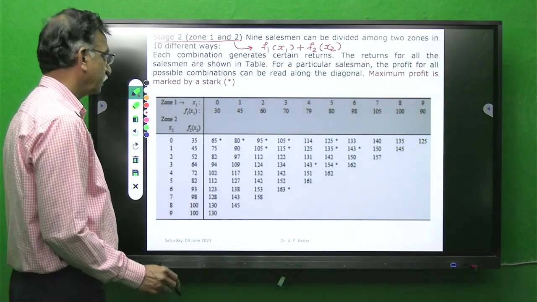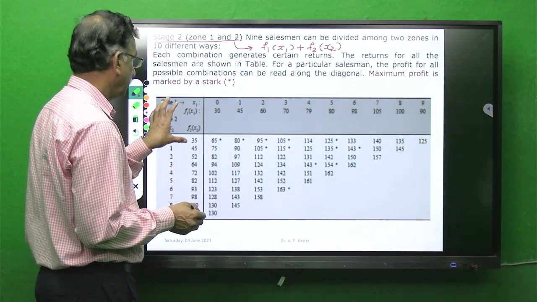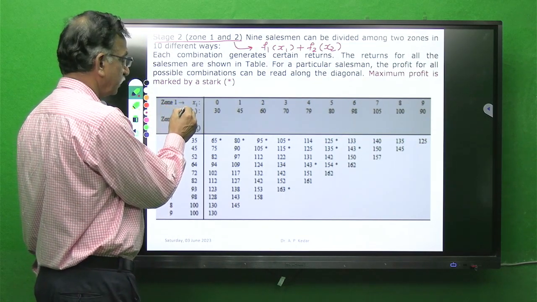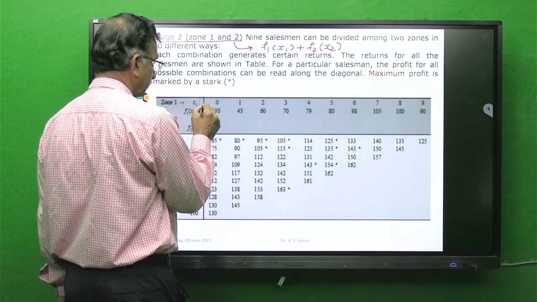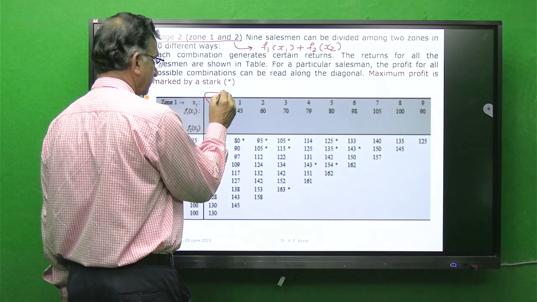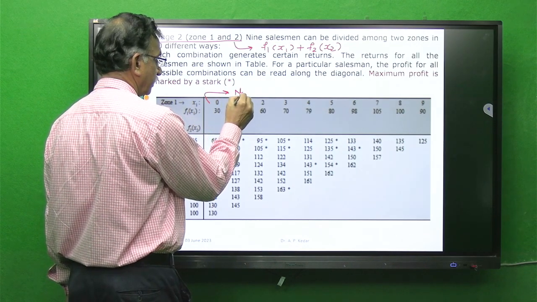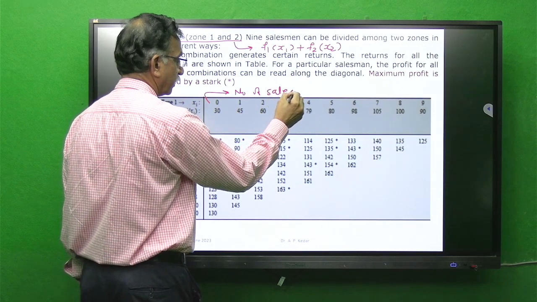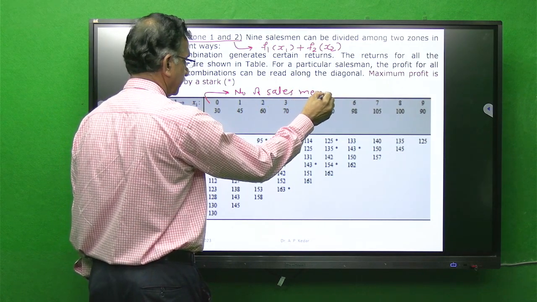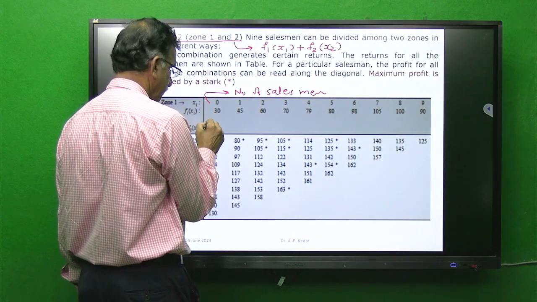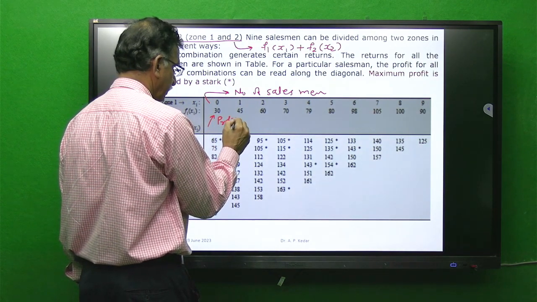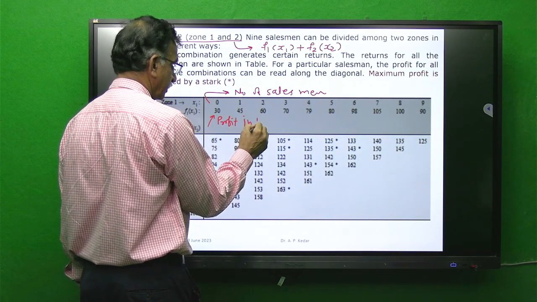So what is done, understand this, we wrote all values of zone 1. These are the number of salesmen, and this is profit in 1000.